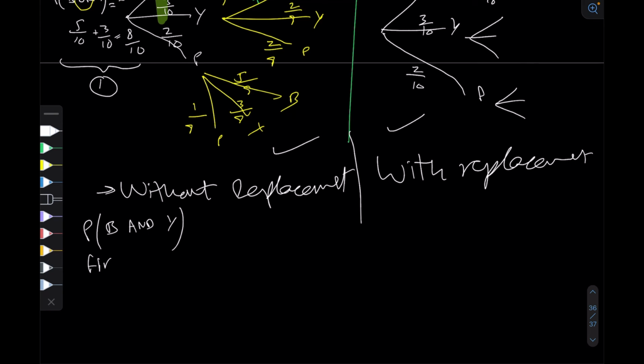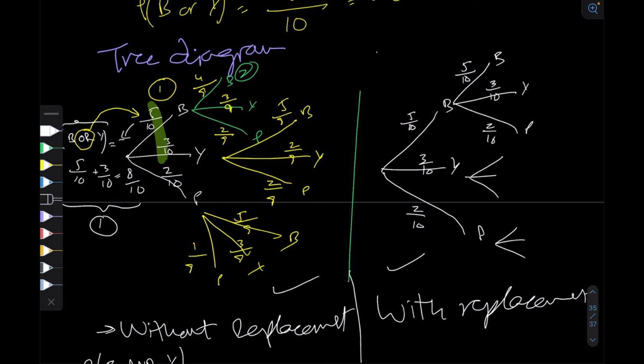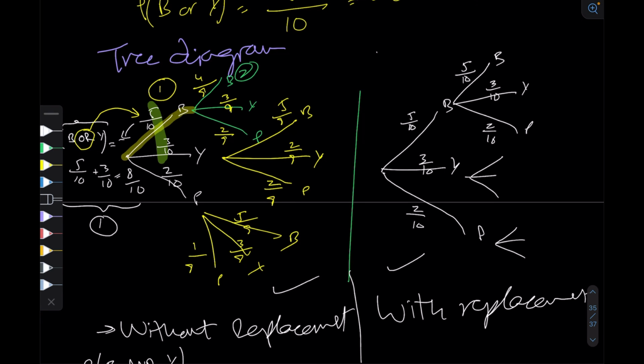So if first blue and then yellow, now first blue is easy. First blue just means 5/10 of the sample, right? Now first blue then yellow basically means you're going along this path.